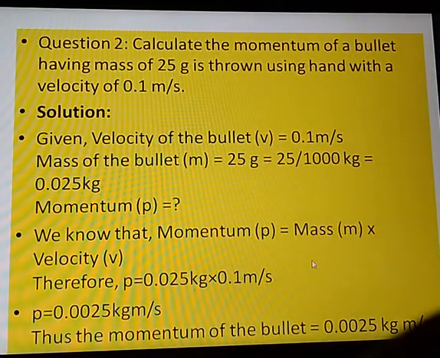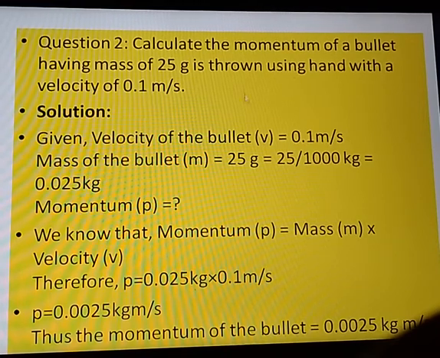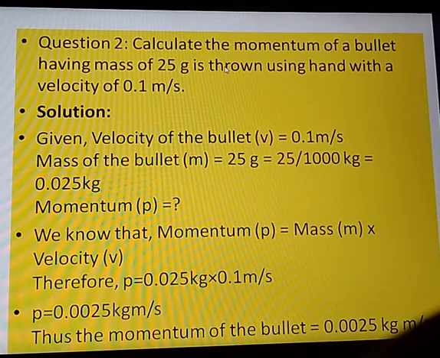Let's discuss the next type of question. This is the second question. In this question, calculate the momentum of a bullet having mass 25 gram.